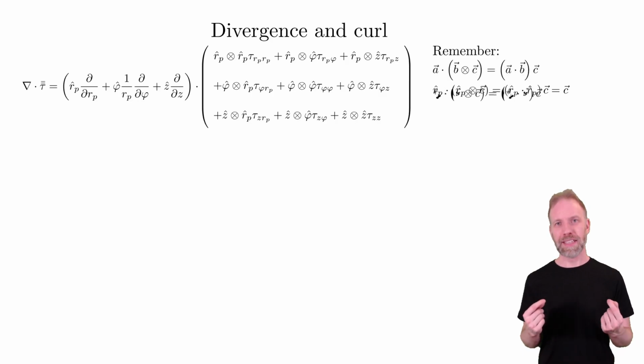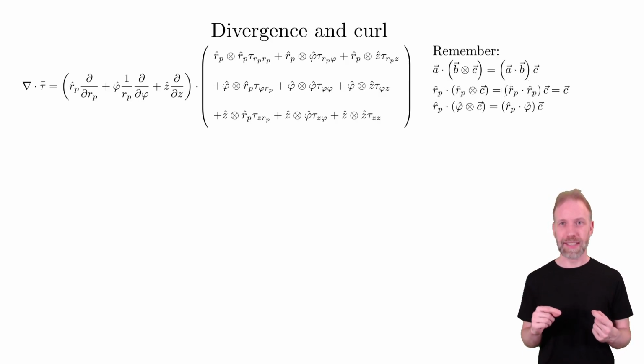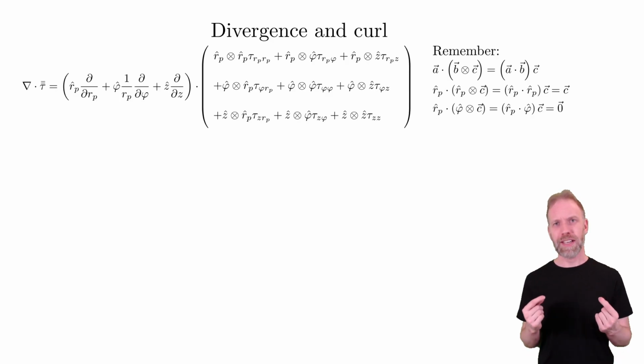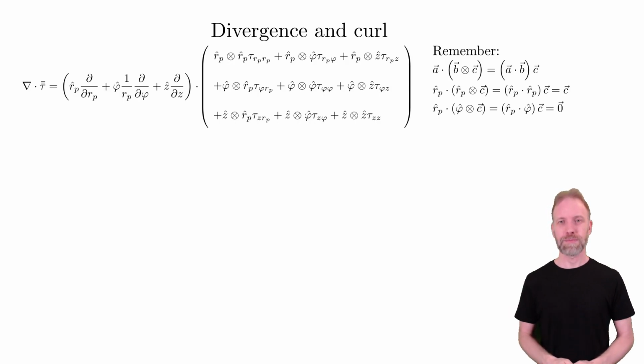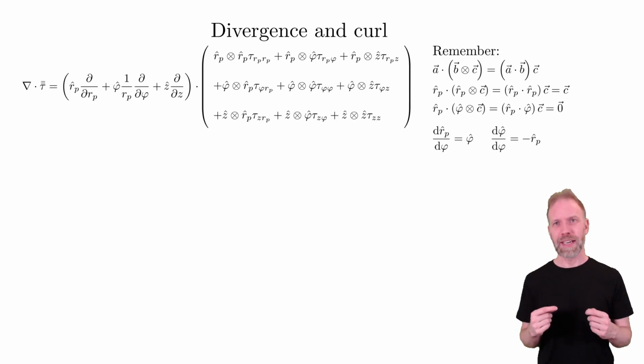If you have rp hat dot the dyadic product of phi hat and c, this is the same as rp hat dot phi hat times c. As rp hat dot phi hat is 0, this is 0. These are the ones you use when doing the dot product with a tensor using the unit vector notation. We also need to remember that the derivative of rp hat with respect to phi is phi hat, and the derivative of phi hat with respect to phi is minus rp hat.